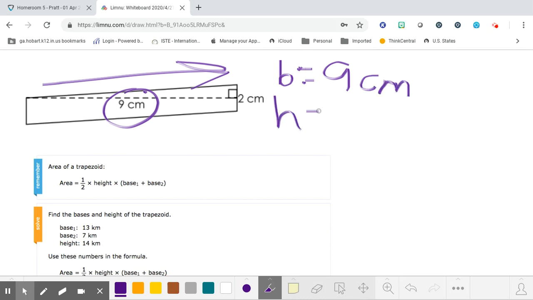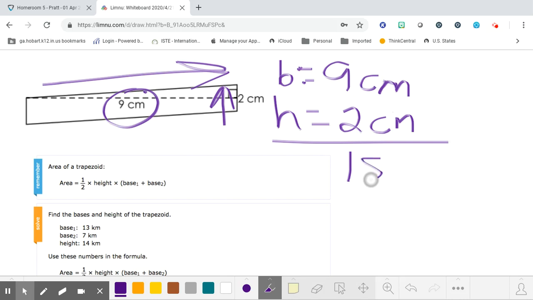Our height, remember, height goes up and down, so that's 2 centimeters. We're going to multiply that together. We're going to get 18 square centimeters, and that's your area. Okay, it's pretty simple.